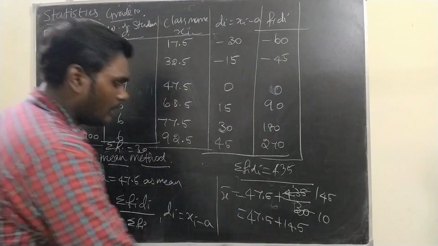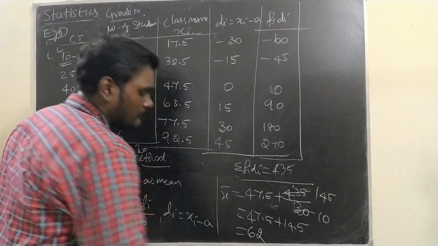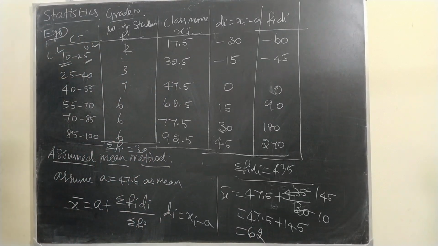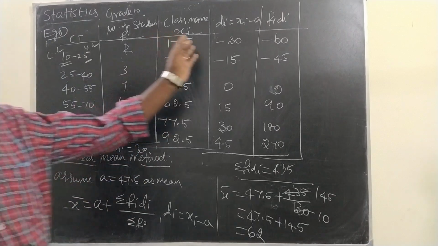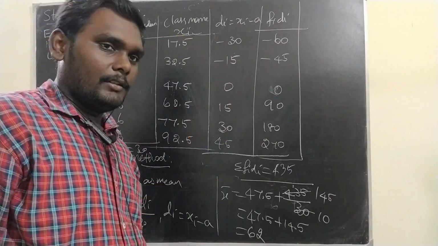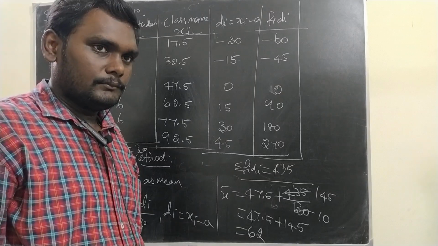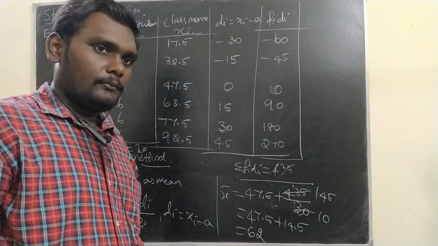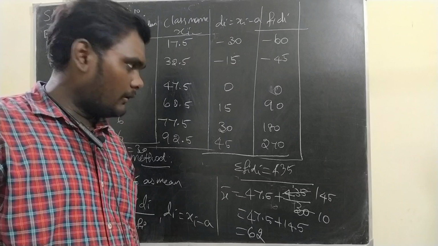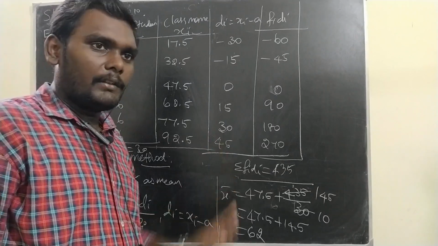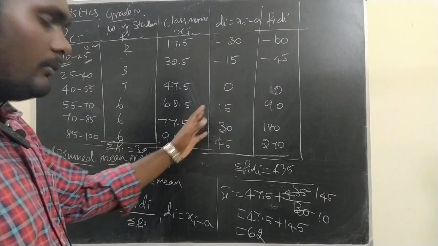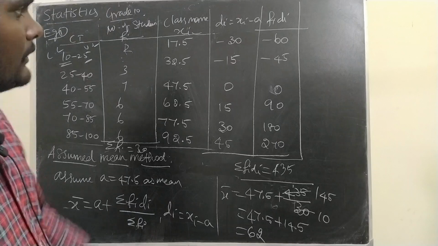When you add these two, what answer will you get? Same. Big numbers and all are not at all involved. Got it? Any doubts in this? This is what we call the assumed mean method. Okay. Write this.